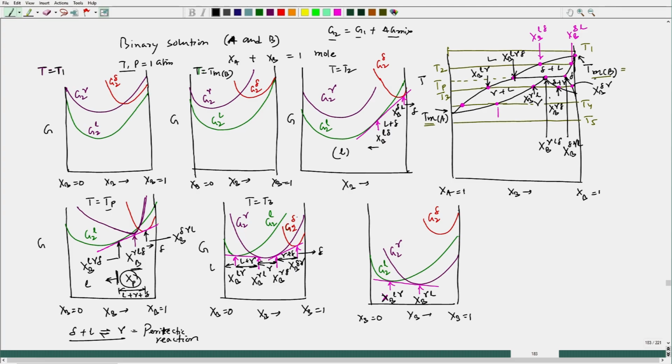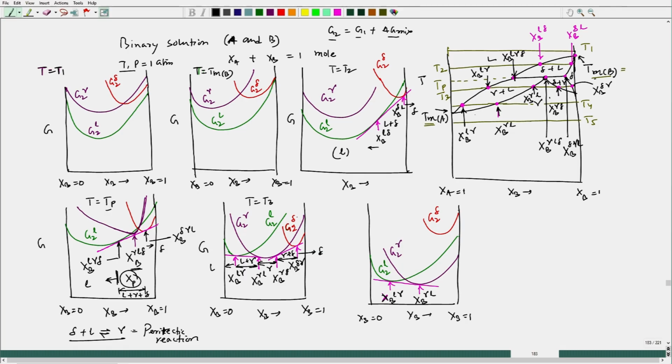This is Xb gamma in equilibrium with liquid, and this point is Xb liquid in equilibrium with gamma. So, left to Xb liquid gamma will be liquid, and right to Xb gamma liquid would be gamma phase, fine, single phase gamma.